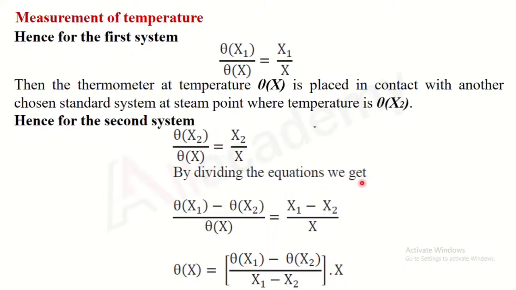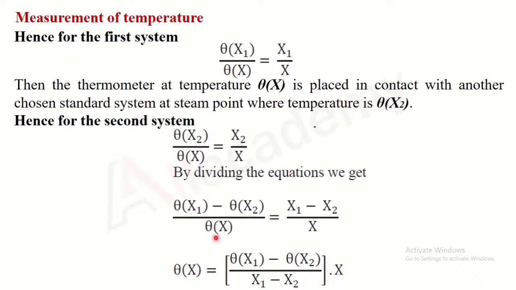Now by dividing the above equations we get theta x1 divided by theta x2 equals x1 divided by x2. After rearranging to measure the unknown temperature, theta x equals theta x1 minus theta x2 divided by x1 minus x2, into x.